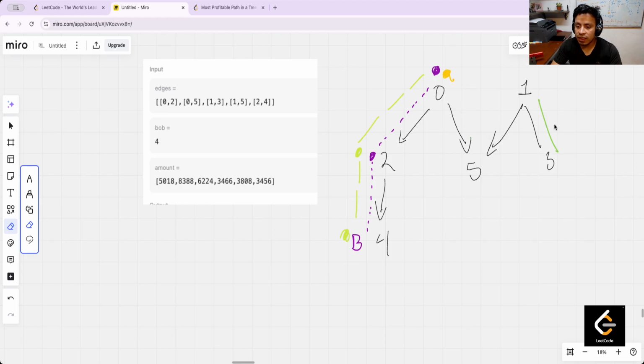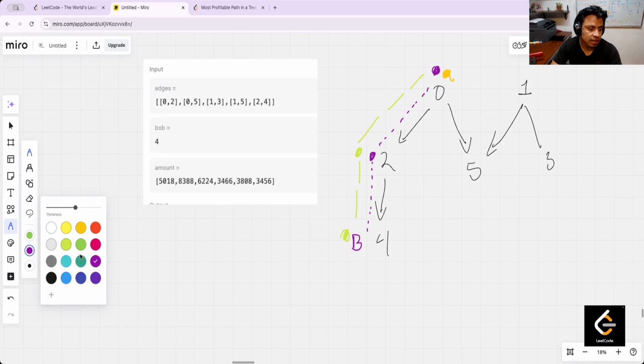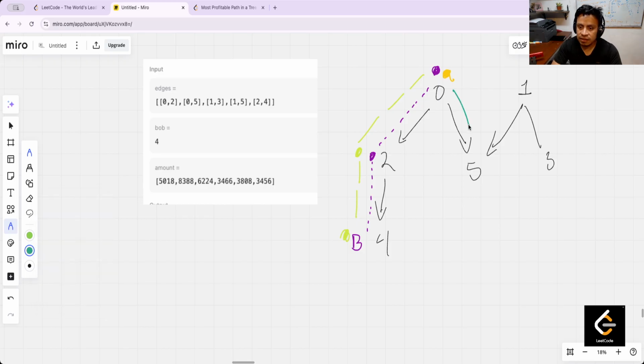Because I think that the answer for this example is this. Initially it is this, and this. And if I add the values it contains, the first is 0, then 0, 1, 2, 3, 4, 5.